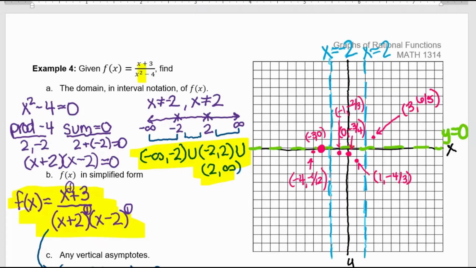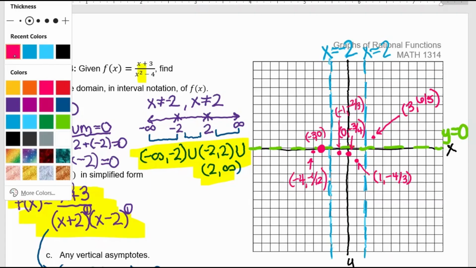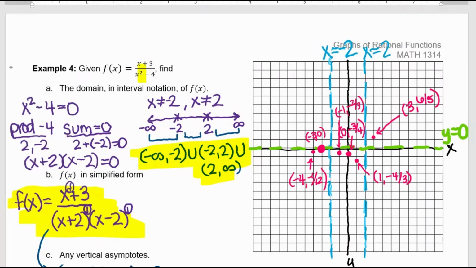Okay. To connect your ordered pairs for your graph, remember that we are not going to cross over our vertical asymptotes. But we are going to have three different parts to our graph, which we know from the three different parts to our domain.